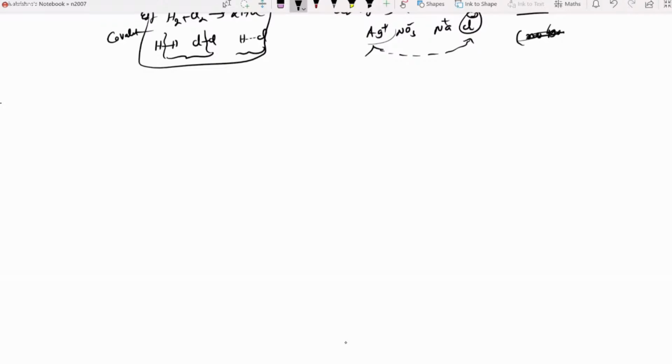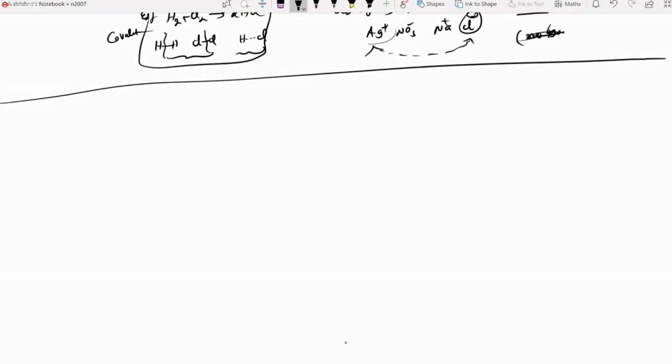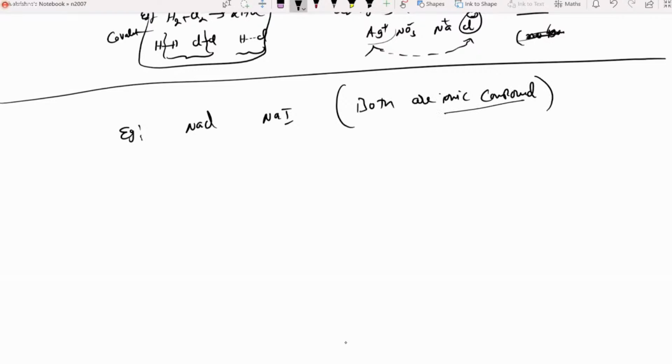Now, for example, NaCl and NaI, both are ionic compounds. According to our previous discussion, ionic compounds should be soluble in water. Why?